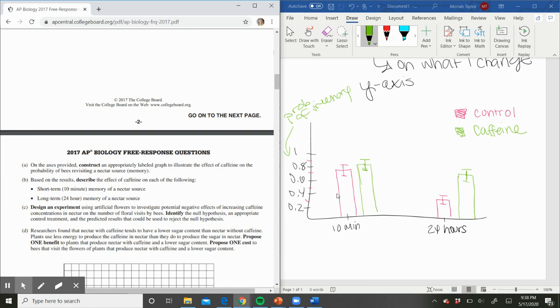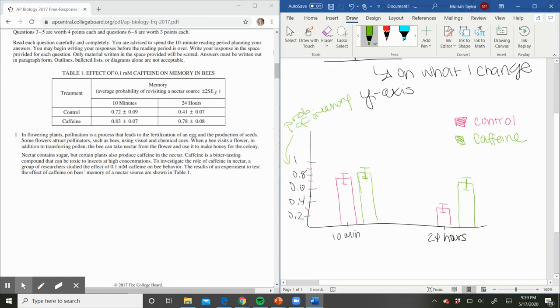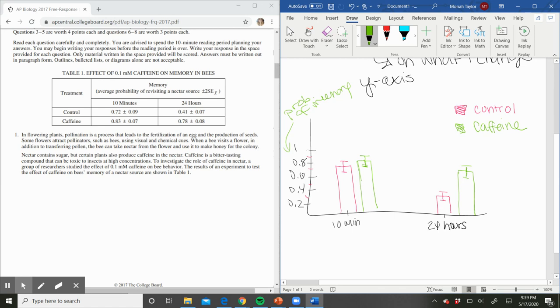So again, the middle part is going to be your mean for the memory for each of those. So they probably did multiple Bs, right? Let's say they did like 30 Bs. Out of the 30 Bs, the mean or the average was 0.72 for the control for 10 minutes and 0.83 for the caffeine for 10 minutes.